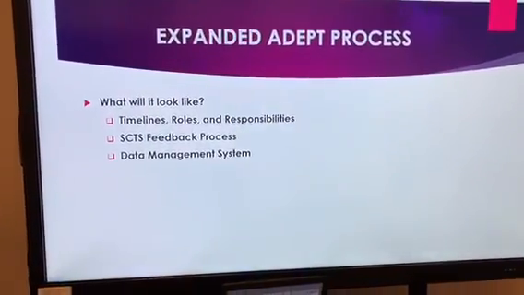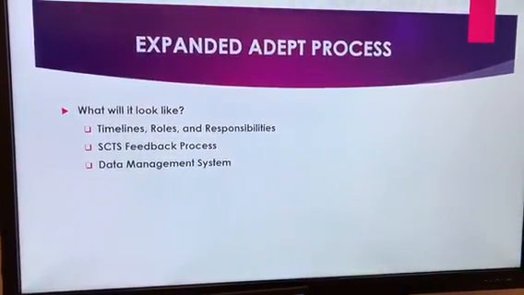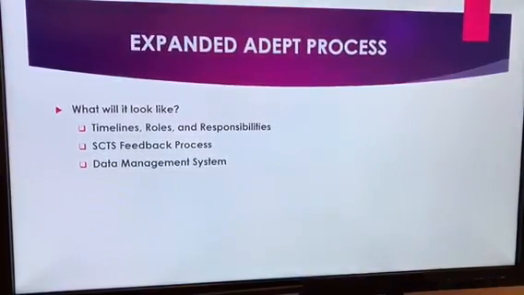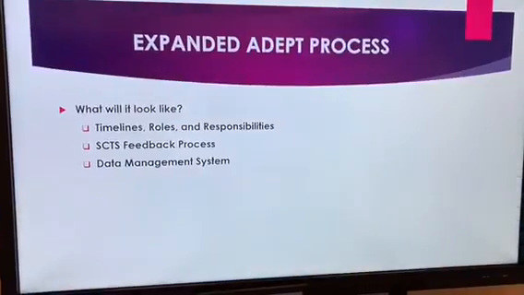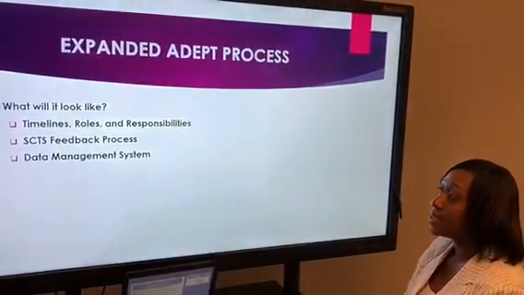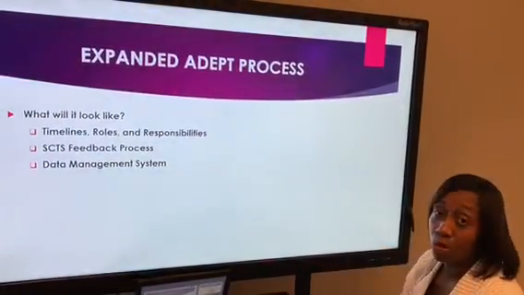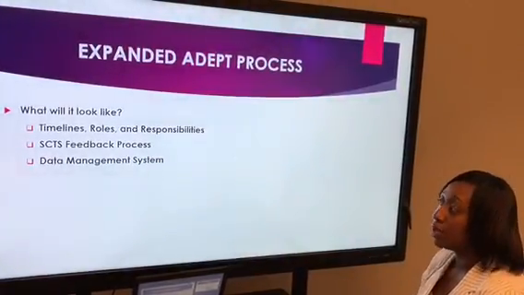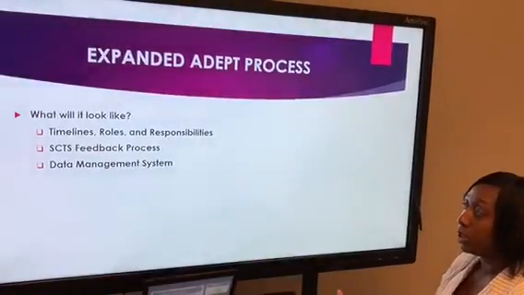Okay, expanded ADEPT process, what will it look like? Our implementation team will meet at the end of this month or the beginning of next month to review the timeline, roles, and responsibilities, and of course the feedback process. The state has given the districts a lot of autonomy to decide what this will look like. And so we are gathering information from our surrounding districts just to make sure that we're in line with what others are doing.